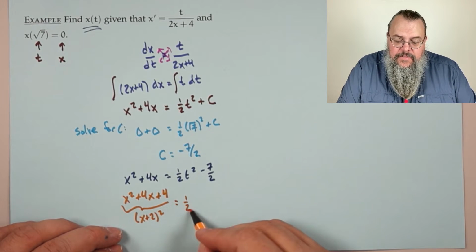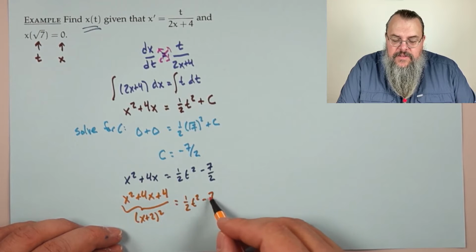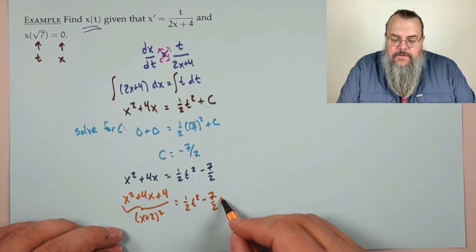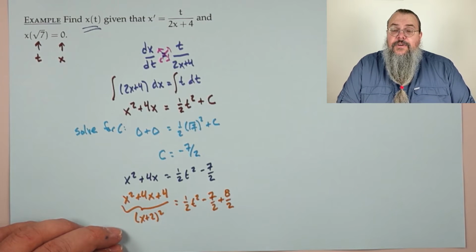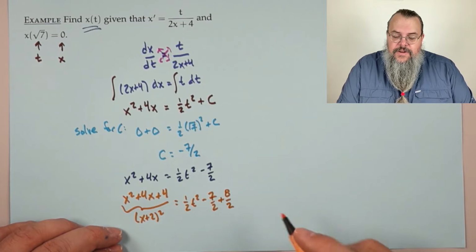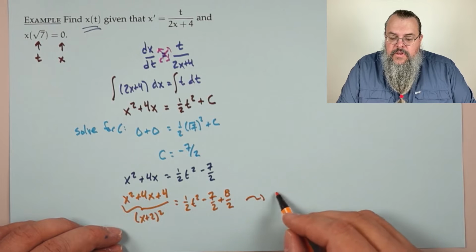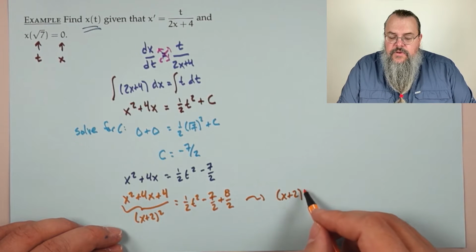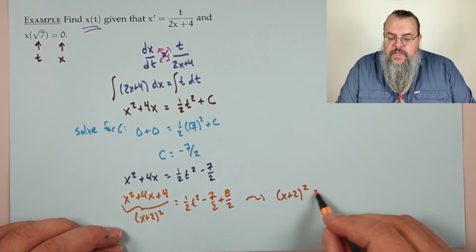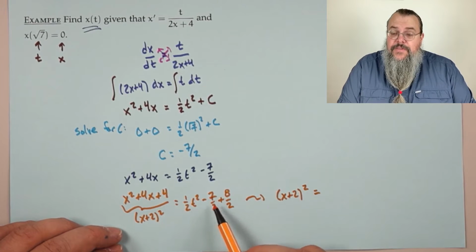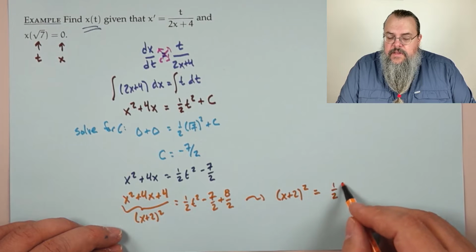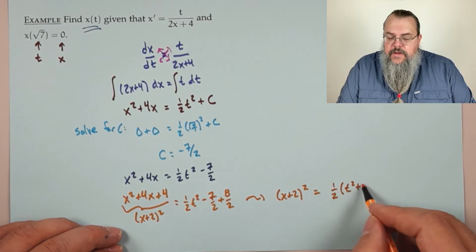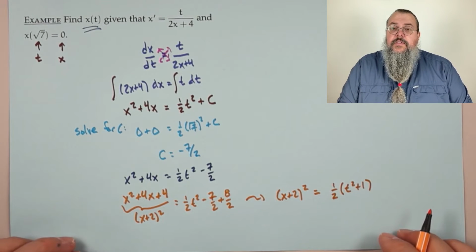So this is 1/2 t squared minus 7/2, and if I add 4, I can write that as 8/2. So this 4 and this 8/2 are the same thing. Okay, good. So we now have x plus 2 squared is equal to, well, 8/2 minus 7/2 is 1/2. So that becomes 1/2, and I'll just go ahead and pull that out, times t squared plus 1.